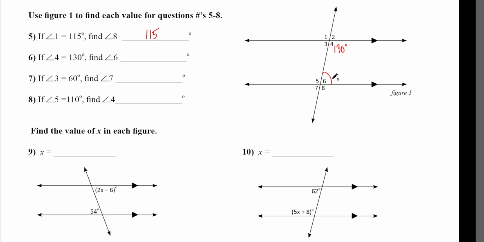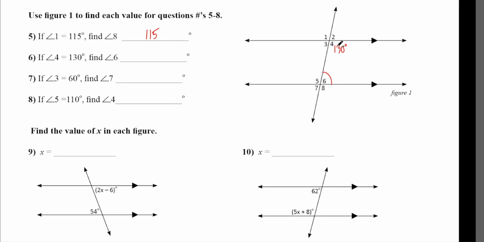They're supplementary, but give me the relationship. They're consecutive interior angles. And what's true about consecutive interior angles? They add up to 180, or they're supplementary. So supplementary wasn't wrong when you said that, but I wanted you to know that they're consecutive interior angles.